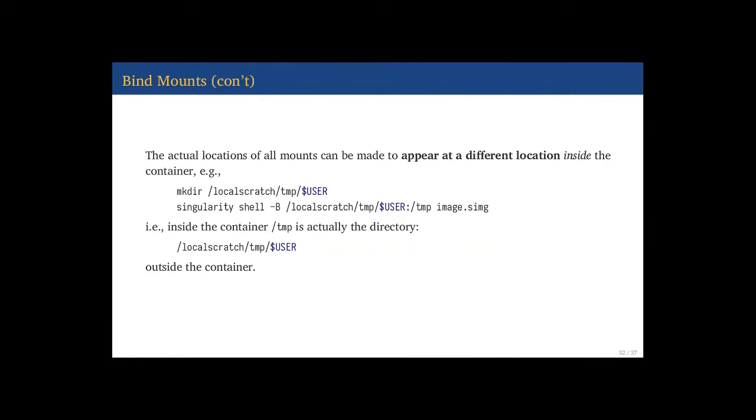So that's extremely handy. There are users where that is of use. It would also be of use in some cases where you're using proprietary software that wants to assume things are at certain locations and they're not there. So Singularity hopefully can help with those situations.